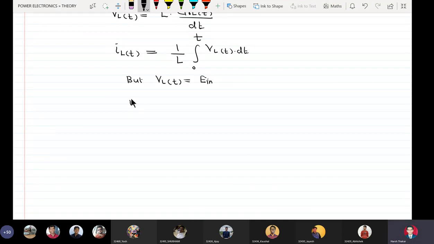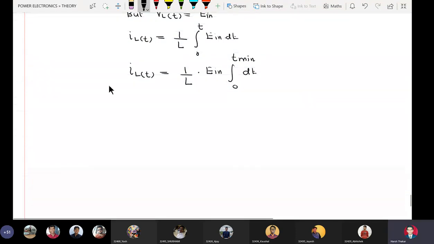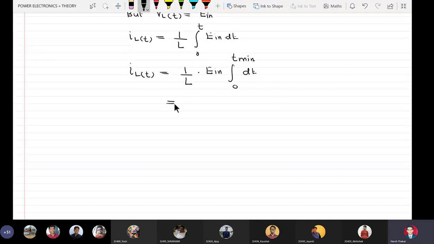So IL of t is 1 over L integration of E in dt from 0 to t, and you know that t is equal to T min, so we can say IL of t is 1 over L into E in into integration of dt from 0 to T min, which is equal to E in upon L into T min.